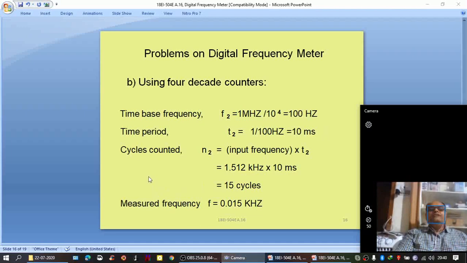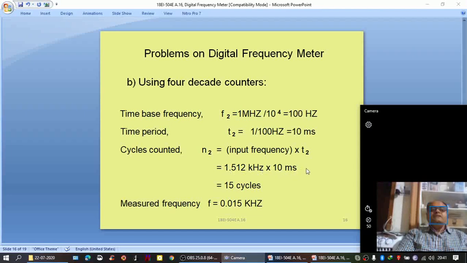Now, how many cycles of the input signal are counted in 10 milliseconds duration? Obviously it is 1.512 into 10 power 3 corresponding to kilohertz, into 10 into 10 power minus 3 corresponding to milliseconds.